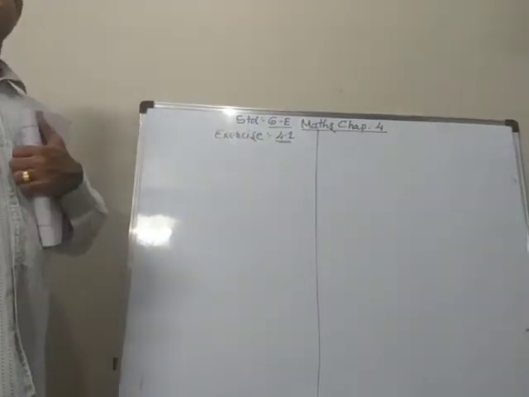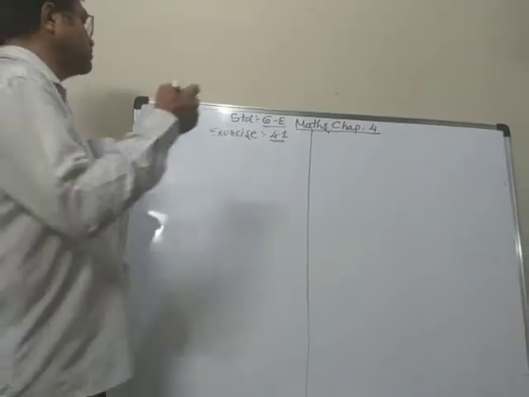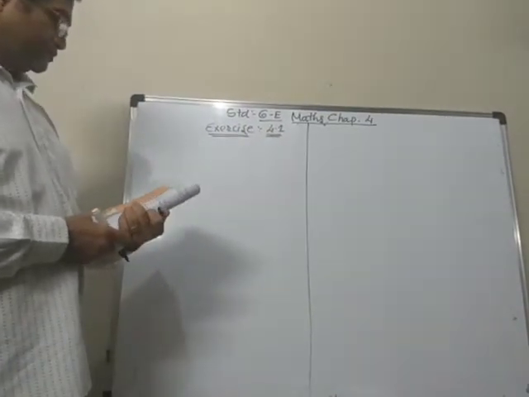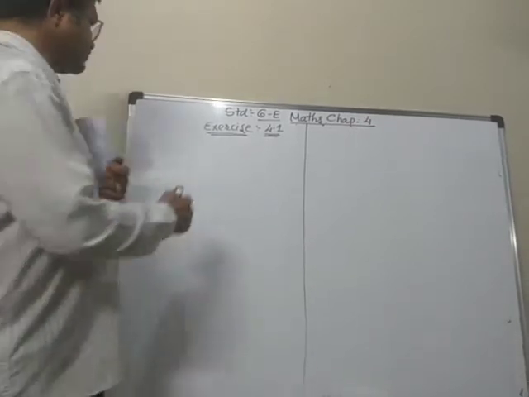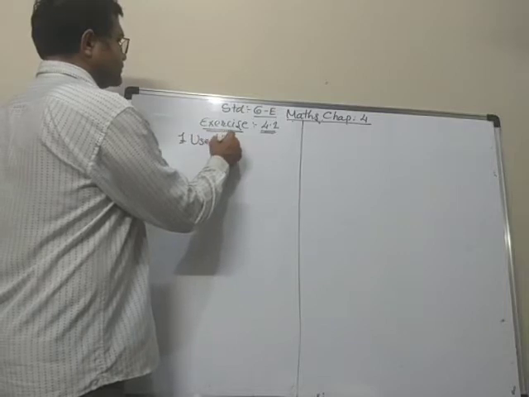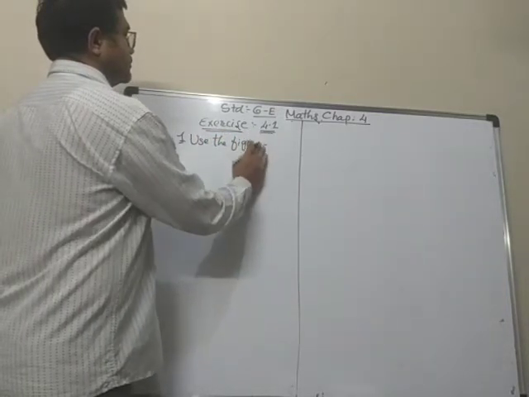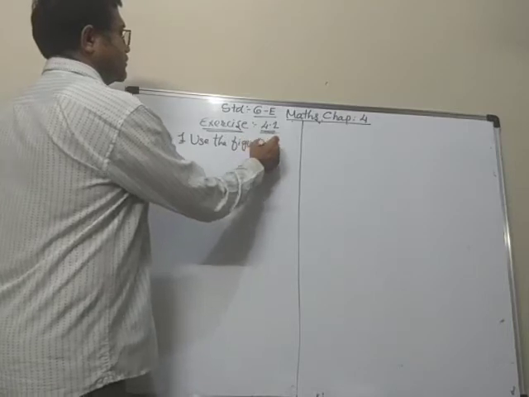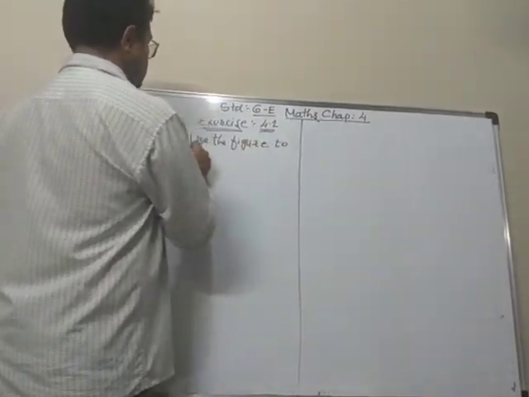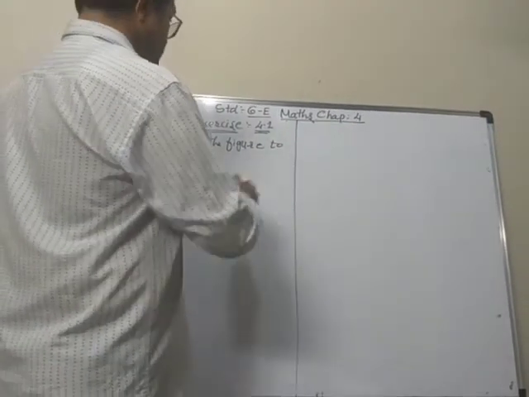Now up to this, we can start exercise 4.1. Question 1 is, use the figure to name. The figure is like that.